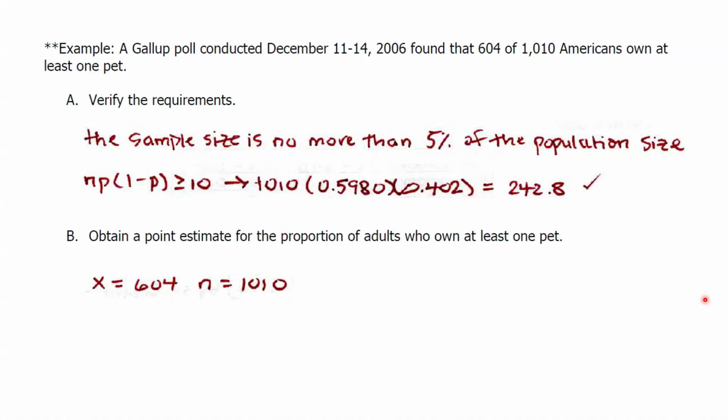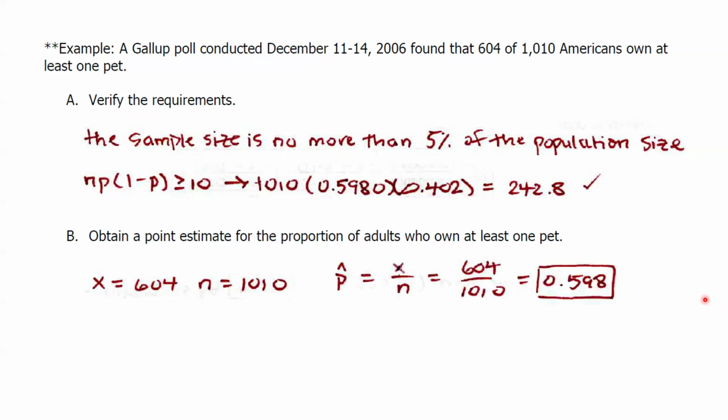So to obtain a point estimate for the proportion of adults who own at least one pet, we need to identify our X and our N. Well, our N here is going to be our sample, and that was the 1,010 Americans. Out of that number, only 604 own at least one pet.